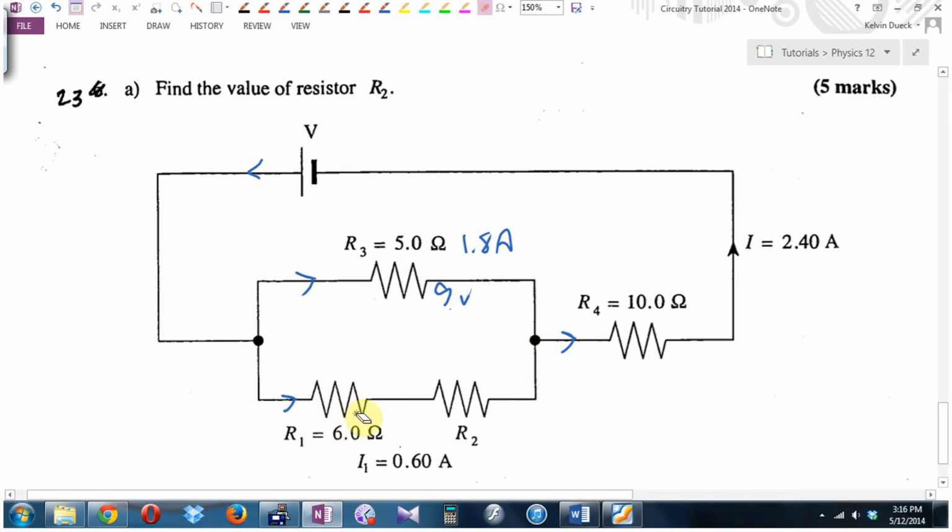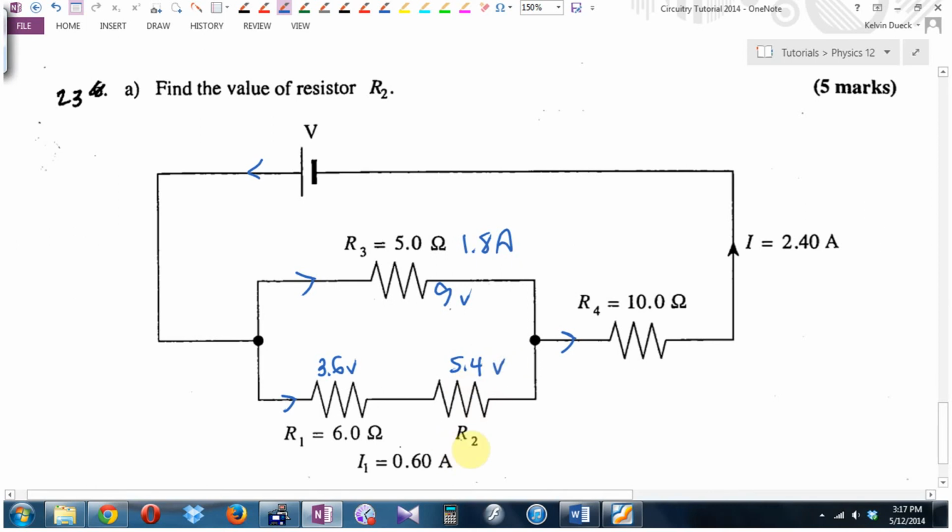How many volts do I lose in this resistor here? 3.6, I think, yeah. I times R. Oh, how many volts must I lose going through here? 5.4, right? And what's the current going through R2?